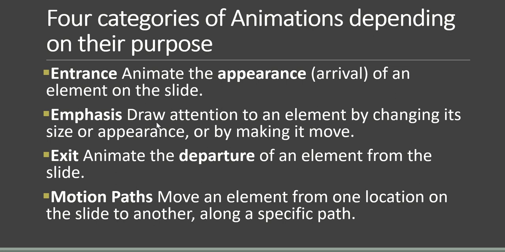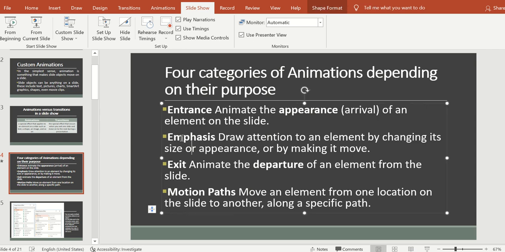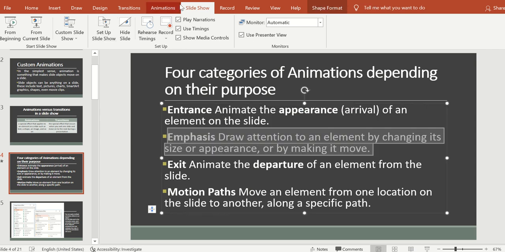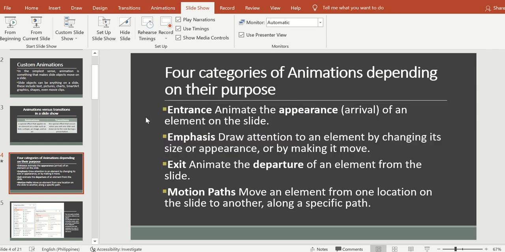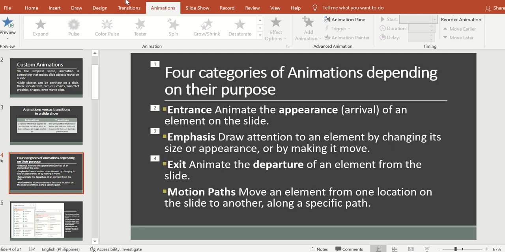Because class, the animation that we chose for them is different. If you take a look at emphasis, I already put the animation there, that's why you were not able to see how I did that. But if you want to do animations, just always go to the animation tab, highlight what you want to animate, then click the drop down, then choose whatever animation you want, okay?